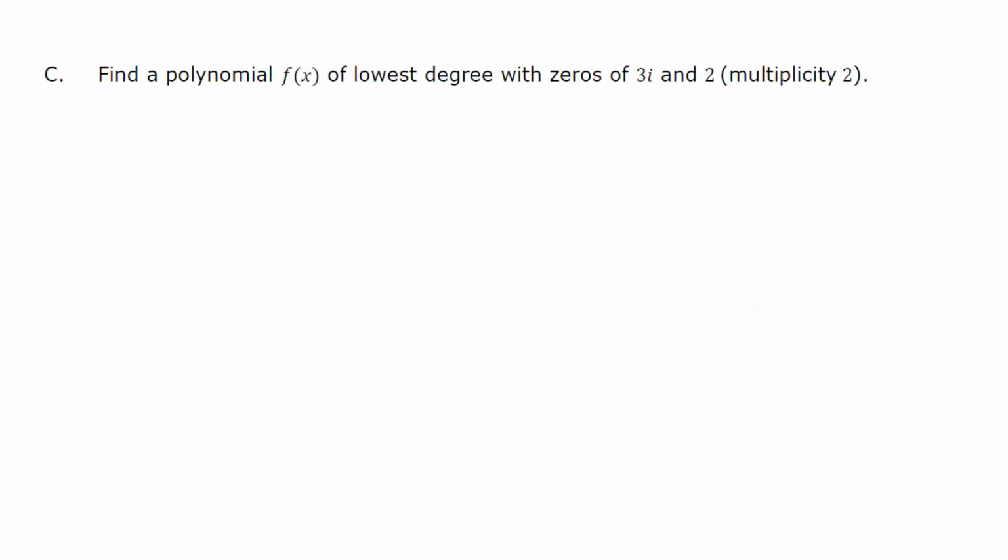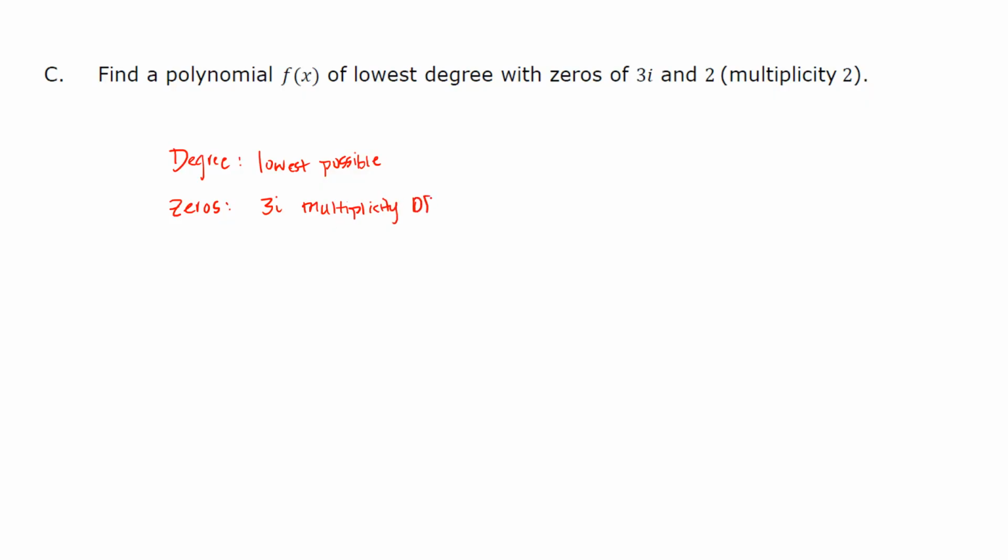C. We are asked to find a polynomial f of x of lowest degree with zeros of 3i and 2, multiplicity 2. So we know the degree of our polynomial is going to be the lowest possible. Okay? And we have zeros given to us in our problem. We have 3i, which has multiplicity 1.